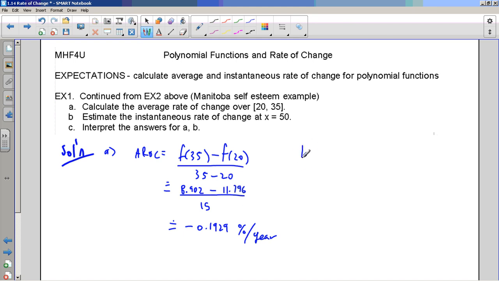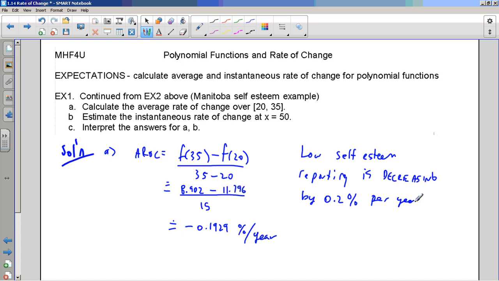So low self-esteem reporting is decreasing because the average rate of change is negative, decreasing by about 0.2% per year over those years.